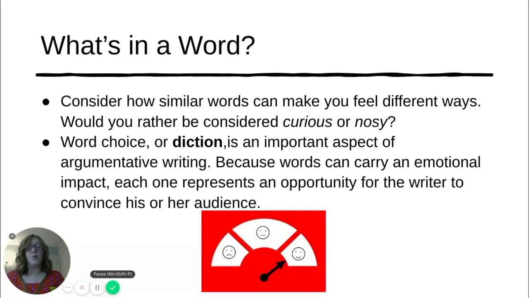Word choice or diction is an important aspect of argumentative writing because words can carry an emotional impact. Each one represents the opportunity for a writer to convince his or her audience. Our emotions dictate our actions, and by using strong words in our writing, we can change a person's opinion altogether.